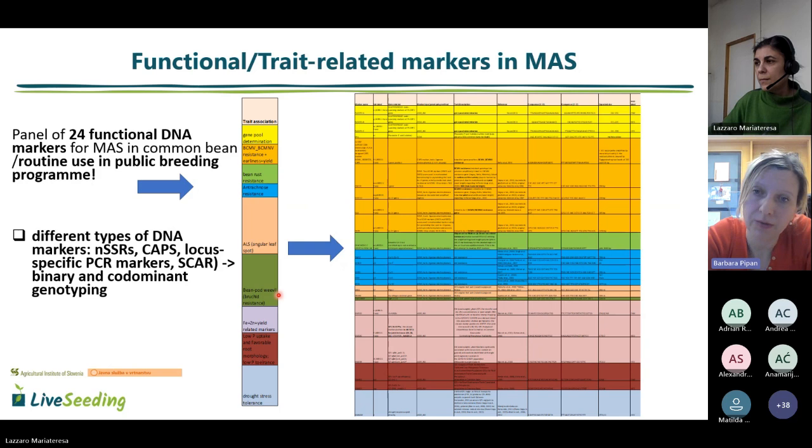Then we have 3 markers associated with iron, zinc, and yield. And then we have two markers associated with favorable root morphology and phosphorus uptake, and one marker associated with a gene of major effect for drought stress resistance. So this is our panel of markers which are routinely used every year for our breeding lines.